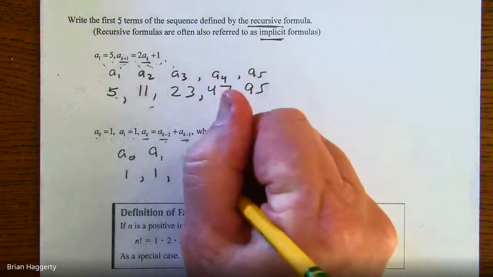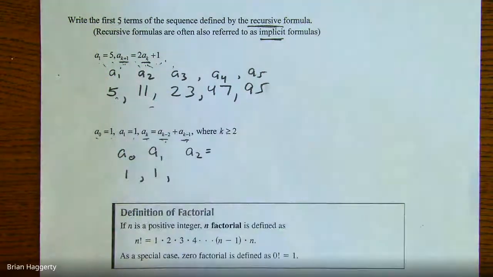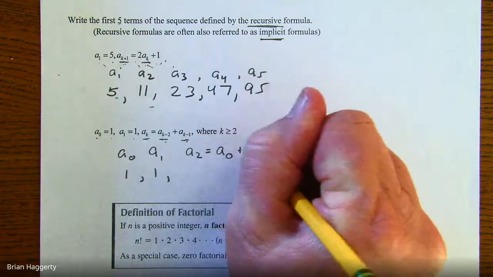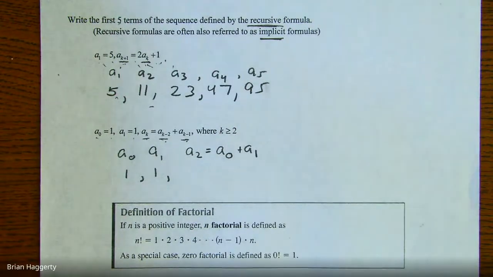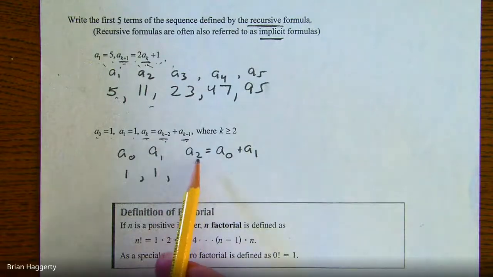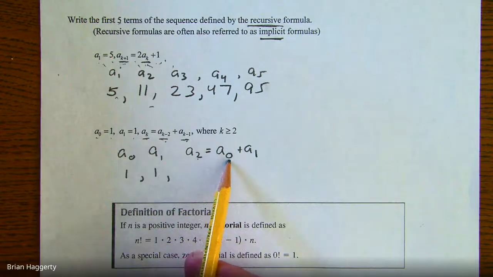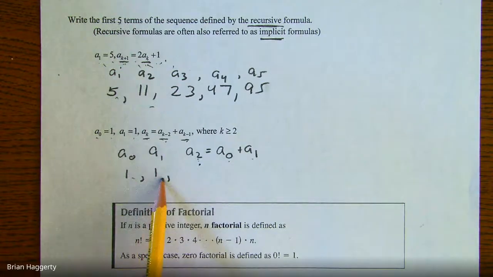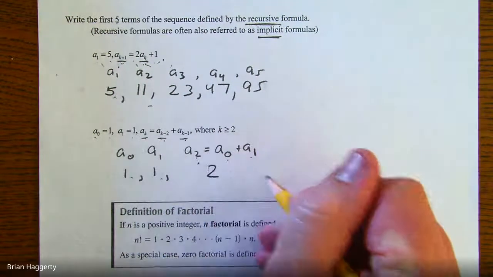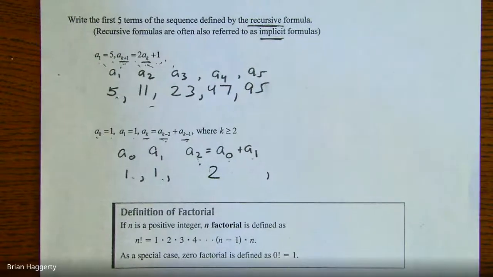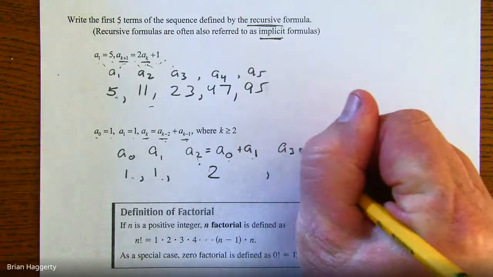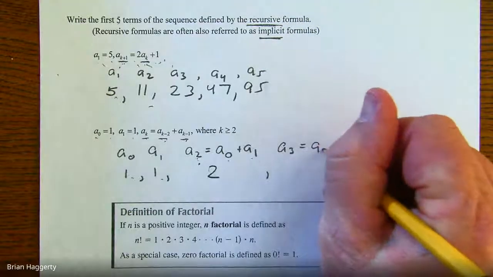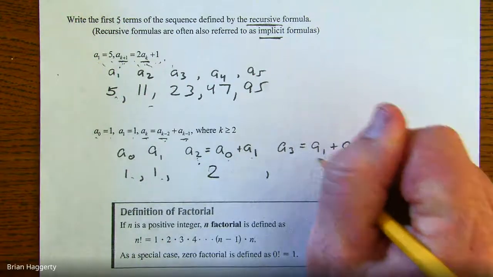So here we're at a sub 2. We need to have the a sub 0 plus the a sub 1 to get this term. If that's k, that's 2 terms before that, that's 1 term before that. So we have to add a sub 0 plus a sub 1. Then a sub 3 is going to be 2 terms before that plus 1 term before that.